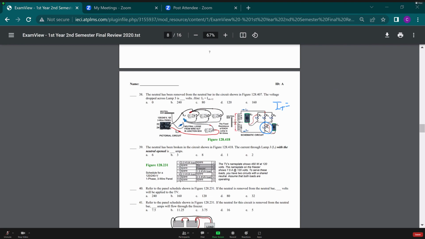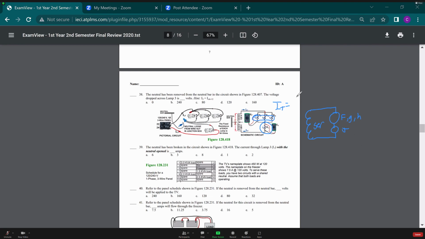The reason for this is because if we redraw our schematic, combining lamps F through H, we can get a combination circuit with F, G, H, and J. This is series.